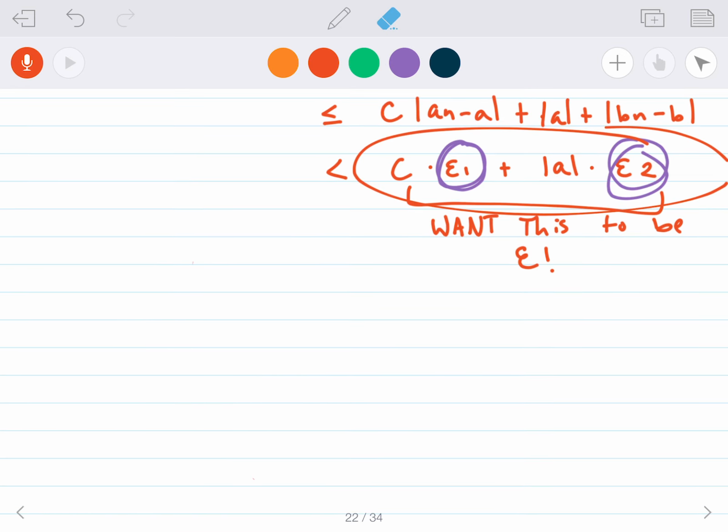And so I'm going to do some scratch work to figure out what these values need to be. So again, I want C times epsilon sub 1 to equal, in a way, epsilon over 2. And I want absolute A times epsilon sub 2 to equal epsilon over 2, right? Because when I add these guys, I want to get epsilon.